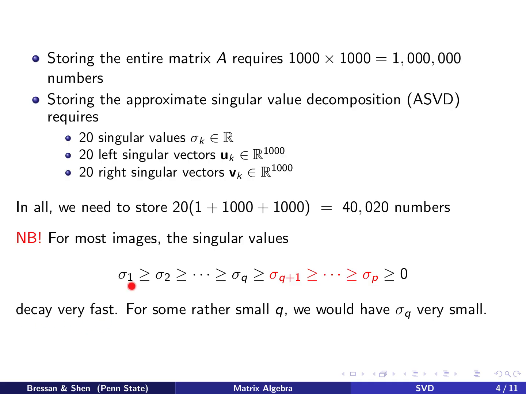Decay means as the index gets bigger, the value gets smaller. So for some rather small q, the sigma q is already very small, and the remaining ones are even smaller.